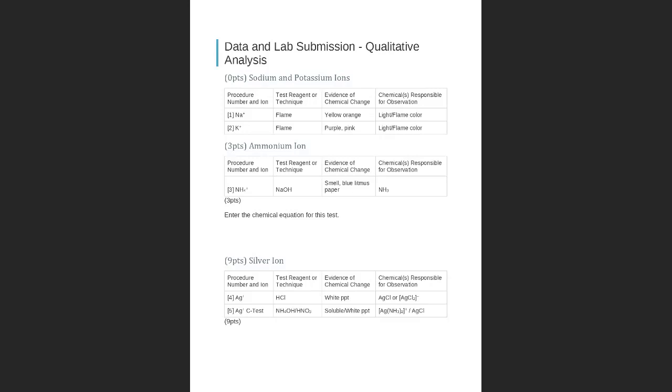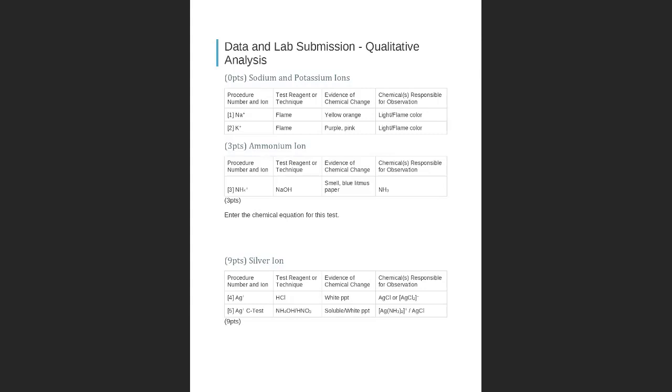Basically, you do the experiment, you take notes, and after studying the reaction, you write the chemical reactions. But in this case, all this information is given. So they tell you that the sodium is yellow-orange, all this is given. So all you have to do is enter the chemical equation for this test.